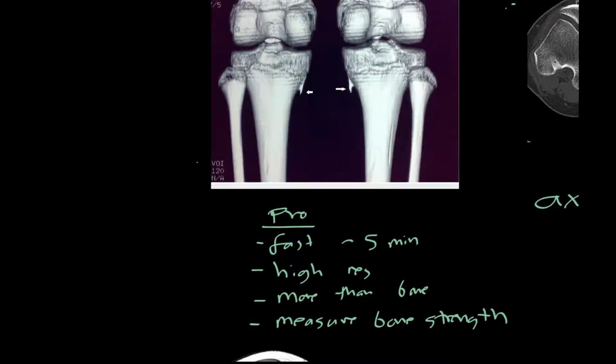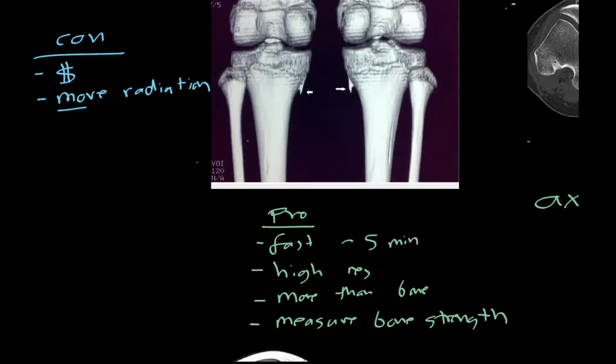How about disadvantages? Well, let's write cons. So pros and cons. Expensive. Also, more radiation. So more radiation than an X-ray.